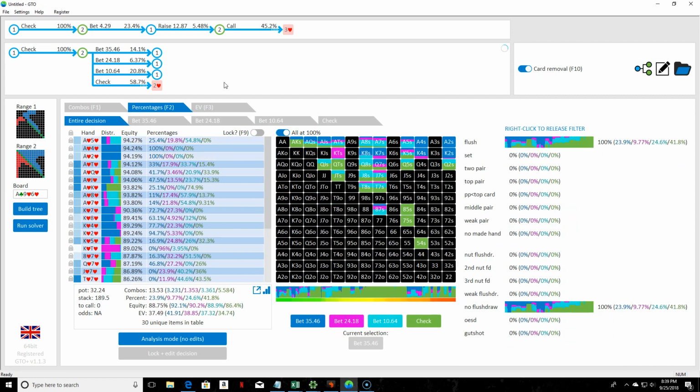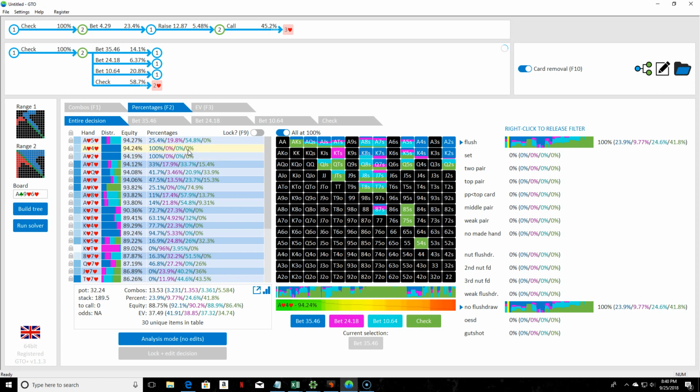It's interesting. So the flushes, just take a quick look at the flushes here. Ace 5. So this is interesting. Ace 5 suited. We have a mix, but we actually have an underbet here with ace 5, as opposed to the ace 4 that we are overbetting.